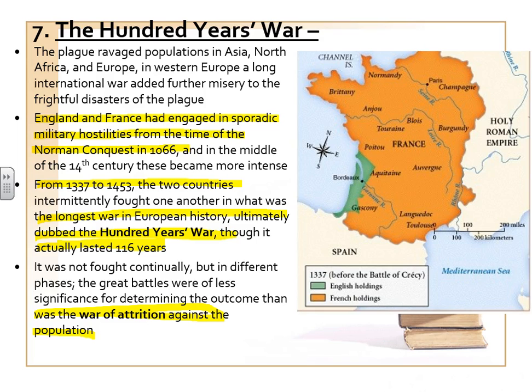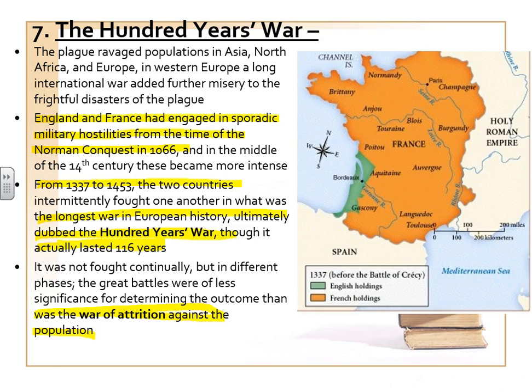Two countries separated by the English Channel, a narrow body of water that in some areas is as close as about 50 miles. All right, so this war, we want to talk about the causes, some of the more significant events that take place during the war, and then, of course, the conclusion.